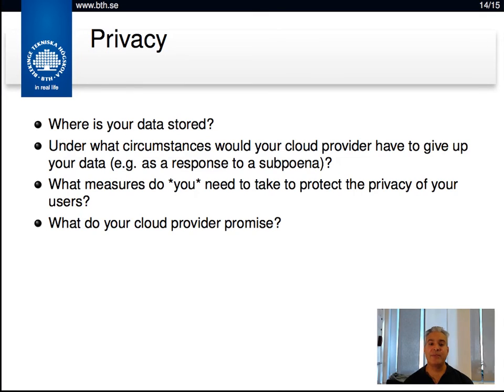And privacy is something that you can't take a backseat approach to. You have to be proactive. You need to have a strategy for dealing with the privacy of your users. While doing that, you should also look at what the cloud provider promises in terms of privacy. Normally they are rather good at promising who gets access to the physical servers and so on, but you still need to keep a lookout.